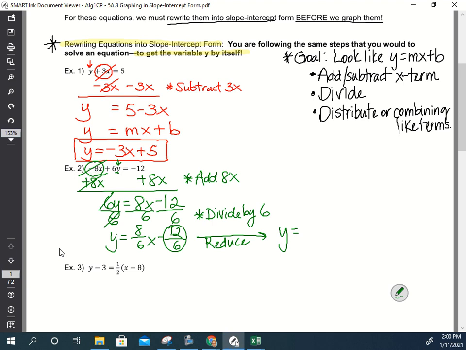What's 12 divided by 6? You can also reduce 8 over 6. You can divide those by 2. So that's 4 over 3. 12 divided by 6 is what? 2. So minus 2.